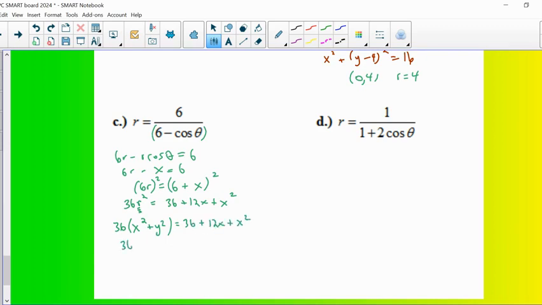Now I distribute the 36, and I'm recognizing I got some quadratic terms here, x squareds and y squareds, but I should probably put like things together. So let's move everything over to the left. So I subtract x squared, and I get 35x squared plus 36y squared. And then when I move the minus 12x over and I move the minus 36 over, I get 0.